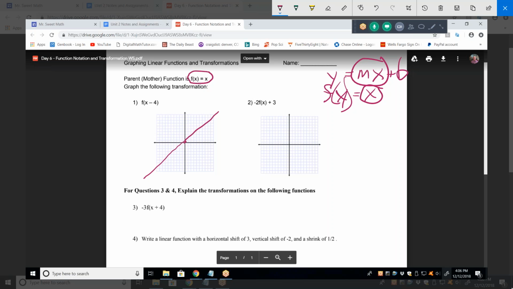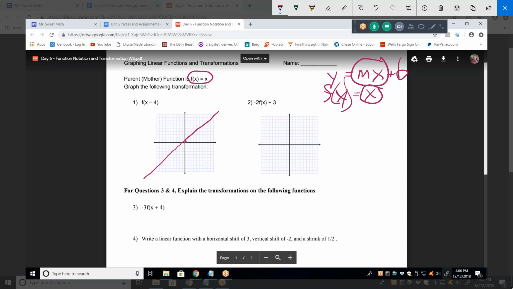Now, there are 6 types of transformations. There are 3 horizontal ones and 3 vertical ones. It's hard to remember 6 of anything, but if you break it up into 2 types, 3 horizontal and 3 vertical, it's a lot easier.